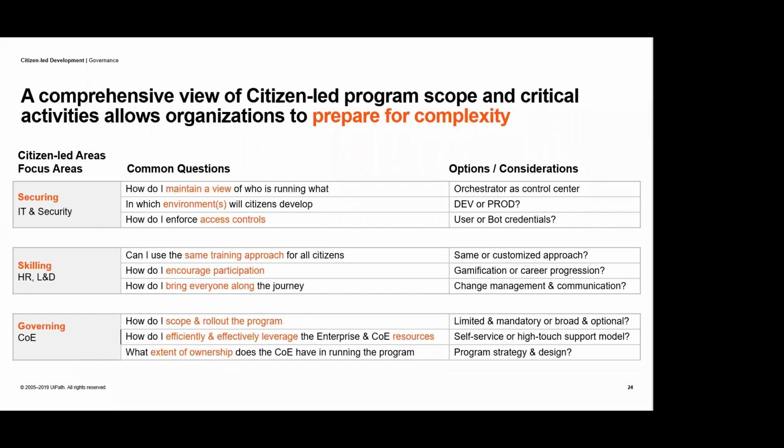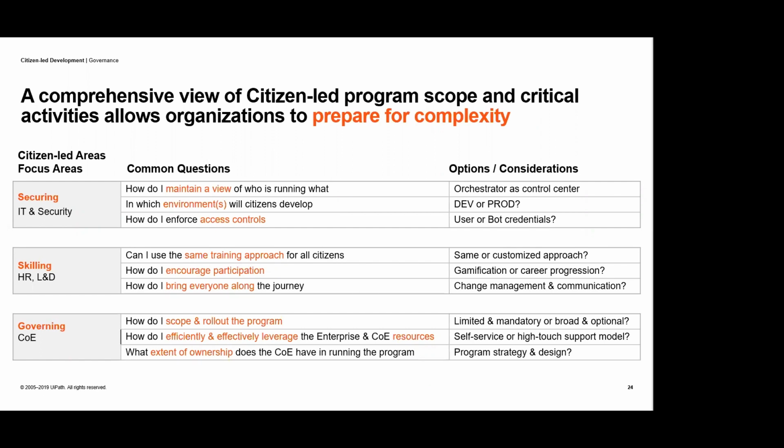And that involves planning the messaging, how you bring everyone along the journey, how you encourage participation, maybe through gamification or career progression, how you efficiently leverage enterprise and COE resources, and think about what extent of ownership the COE wants to have in running the program.